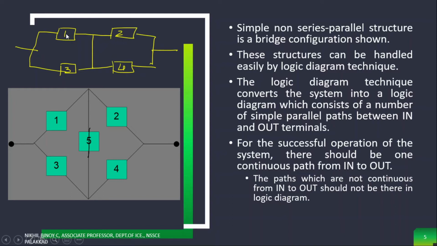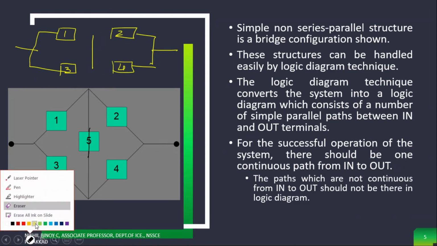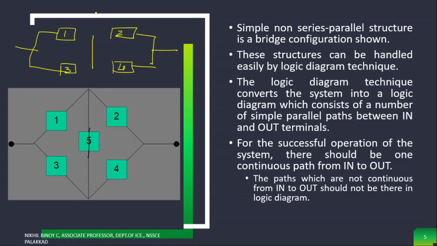Why? Because 1 and 3 are a parallel block, 2 and 4 are a parallel block. If we have something like this one, then I can redraw this reliability block diagram as something like this one. So there is no need to draw it this way.